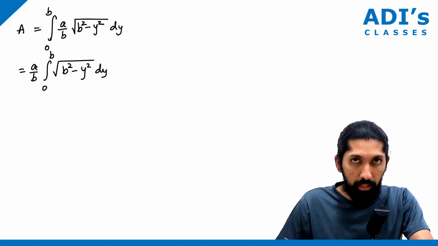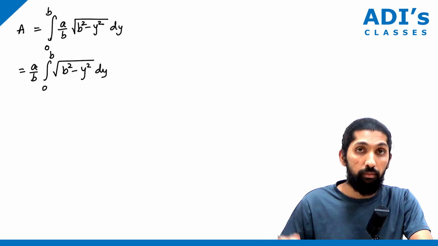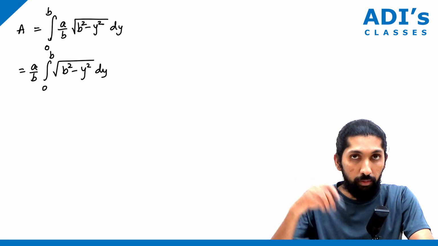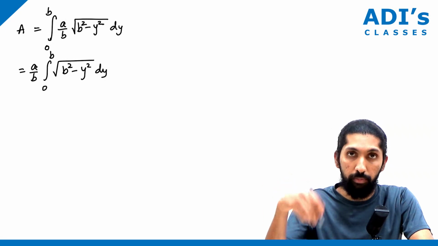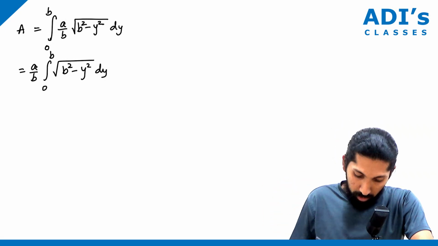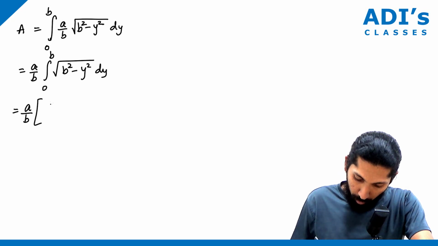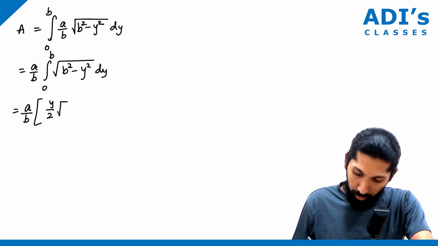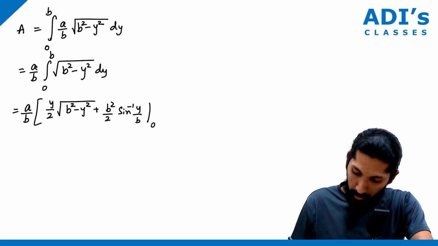This is exactly the way we were doing root of a square minus x square, which is x by 2 into root of a square minus x square plus a square by 2 sine inverse of x by a. So here it's going to become a by b into y by 2 into root of b square minus y square plus b square by 2 sine inverse y by b, from 0 to b.